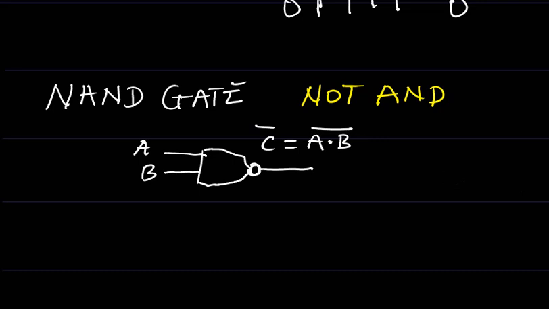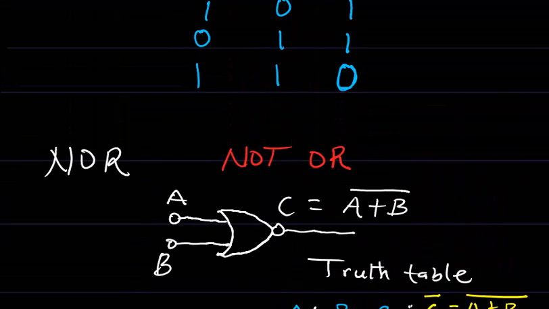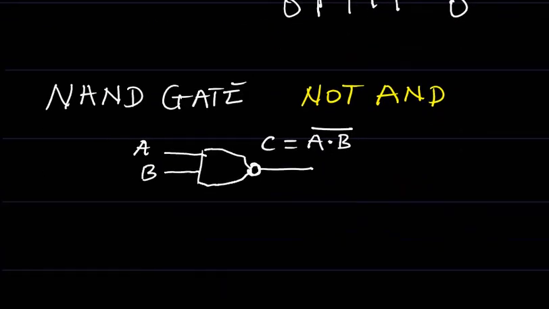Or better still, the output is A dot B all complemented.